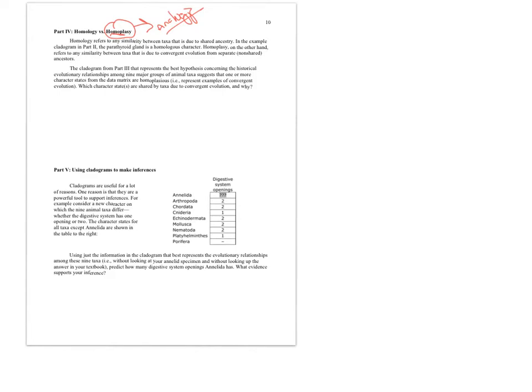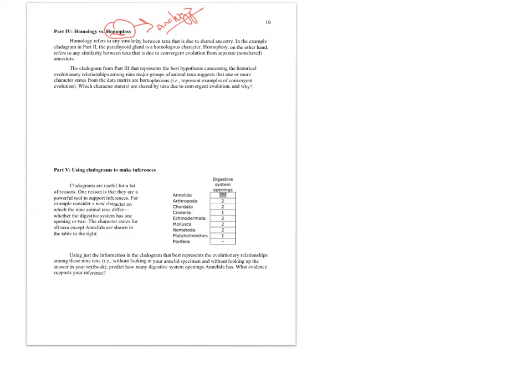And the example that we used in class were butterfly wings, bird wings, bat wings, and pterodactyl wings, and all four of them had different most recent common ancestors, but they all developed wings using different structures. For instance, a butterfly wing is a completely different structure than a bat wing.